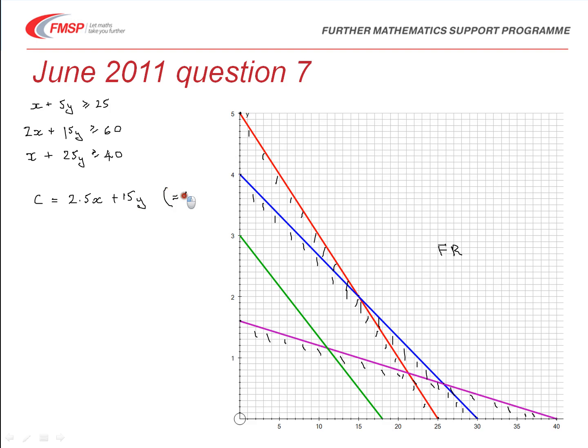So if we set it at 45, 45 will be divisible by both 15 and 2.5. And so we can see that that would give us two possible answers, 0, 3 and 18, 0.